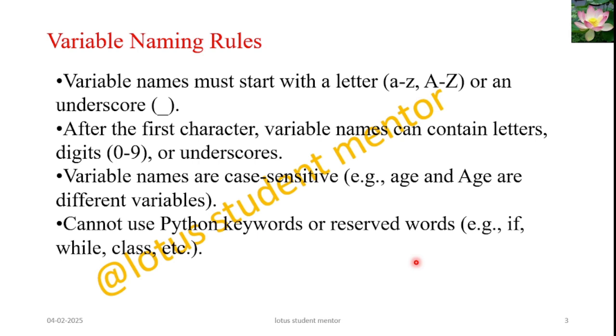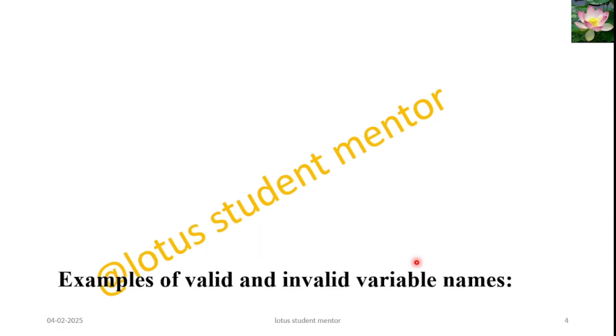Examples of keywords are if, while, class, for, etc. These are very important rules for variables. If we use a variable beginning with a digit, it gives an error and the program won't be executed. These 4 rules are very important for writing programs in Python.